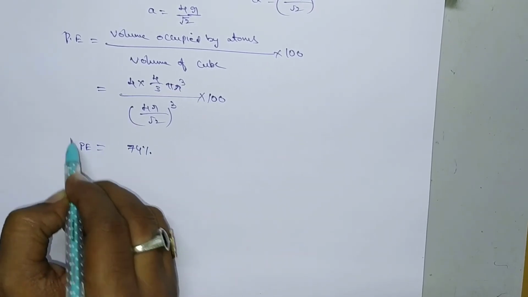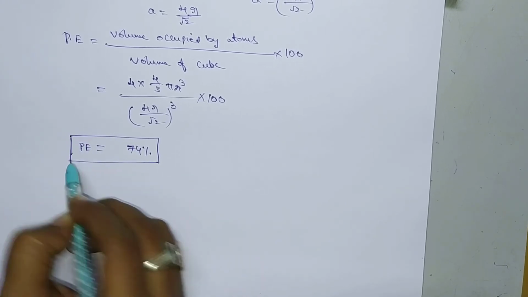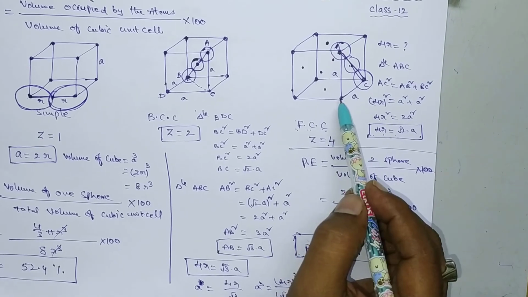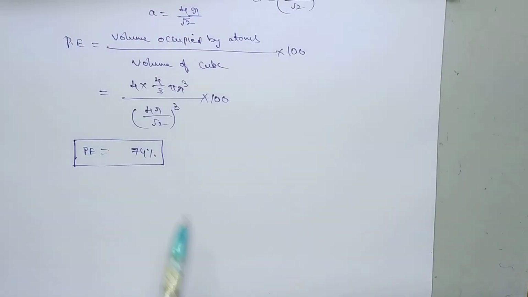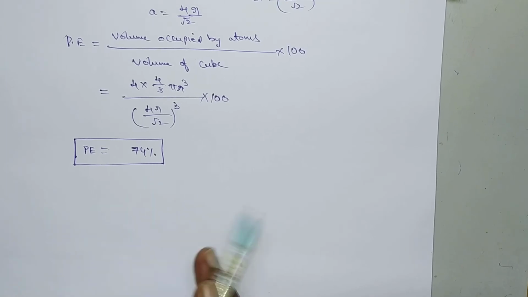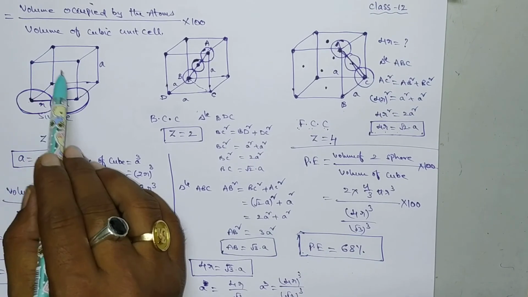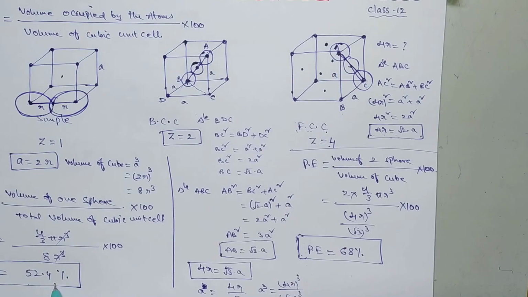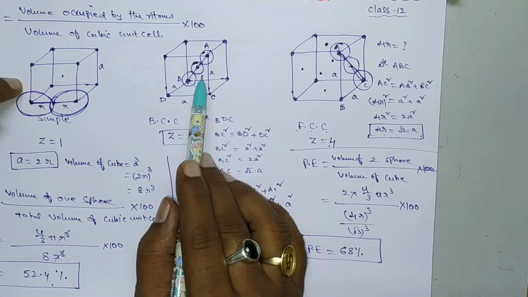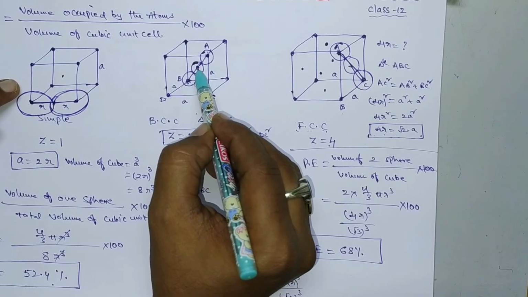So the packing efficiency for face centered cubic structure will be 74. So for simple cube it is only 52. But in case of BCC, there exists one more atom than in the simple cube, that is at the center of the body.